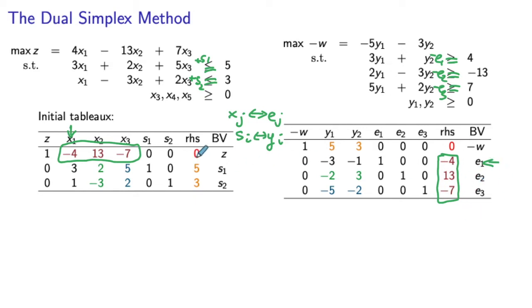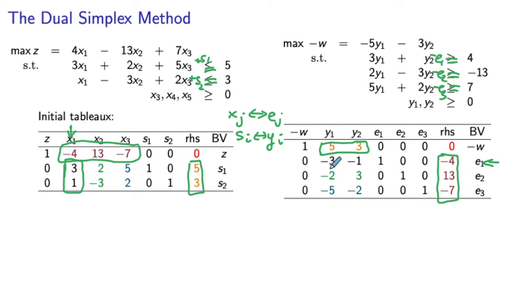Now similarly, the right-hand sides of the primal problem appear in row 0 of the dual problem. Again, not surprisingly, because we are well aware of this correspondence. And then looking at the entries in the columns for the constraints, let's say the column for x1, we would expect these coefficients to appear in the row corresponding to E1 in the dual tableau, right?